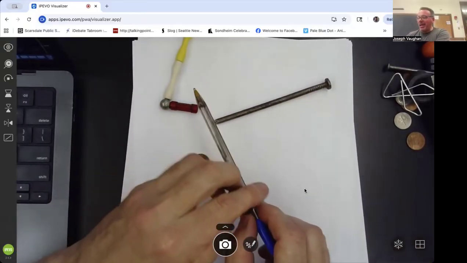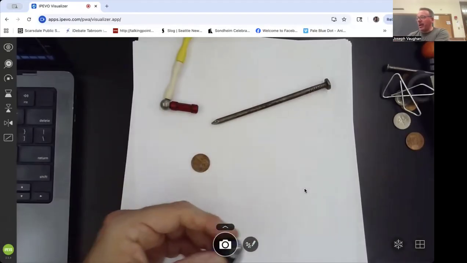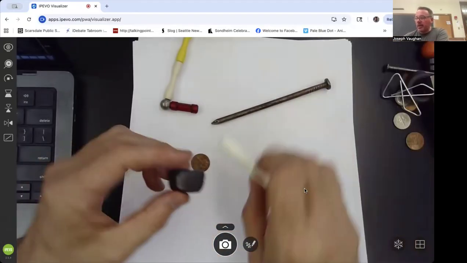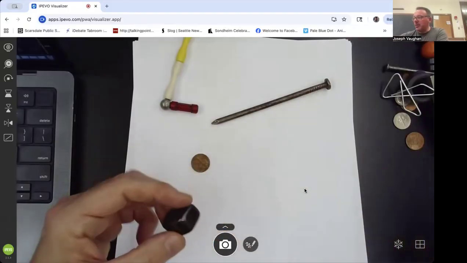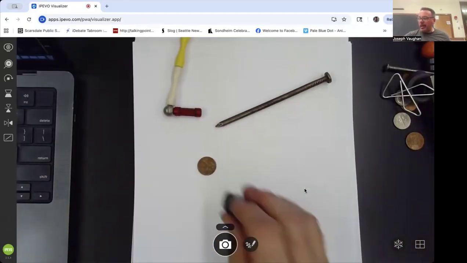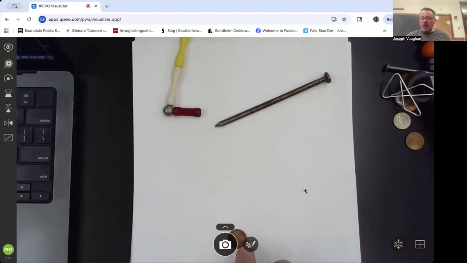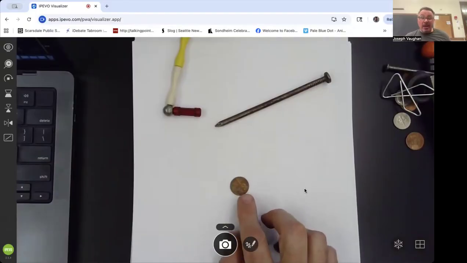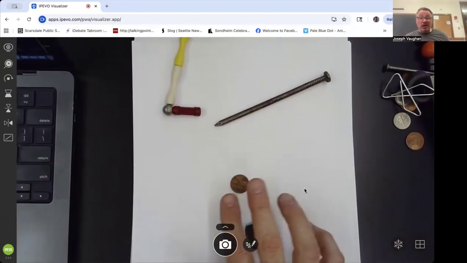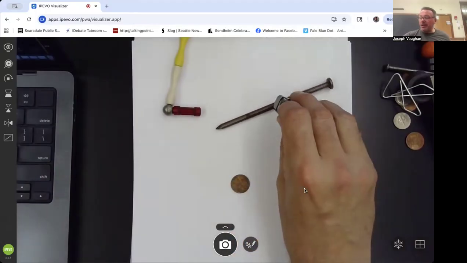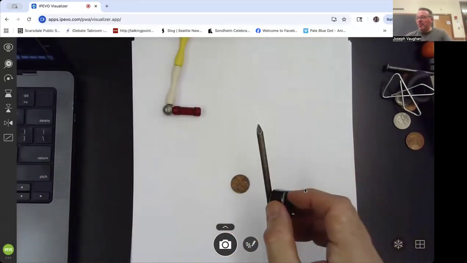I've got just a regular old pen here, plastic, nothing going on. I've got my skin, nothing's going on. I've got this chalk, nothing's going on. I've got paper, nothing's going on. Once again, this coin, penny, pennies are made out of zinc with a little bit of copper overlay, nothing happening. But notice that iron, boom, there.